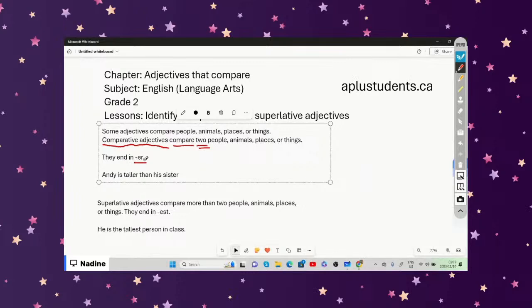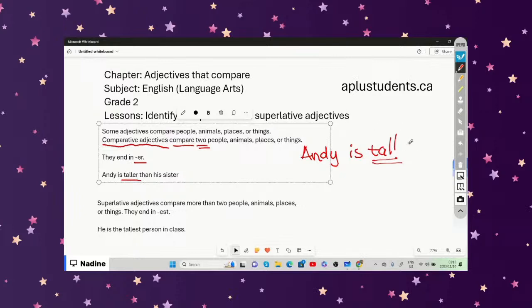So if we use the word tall, we say Andy is tall. If we compare Andy to another person, for example his sister, then we say that Andy is taller.